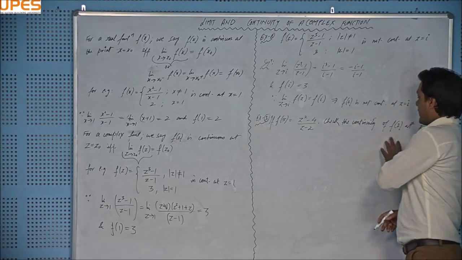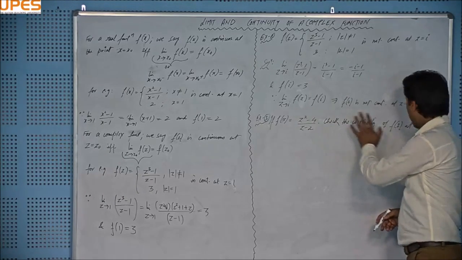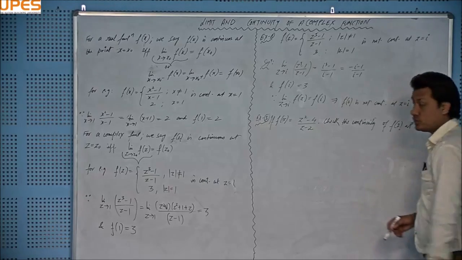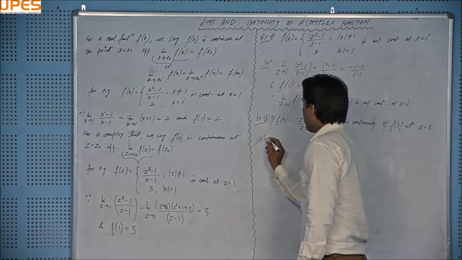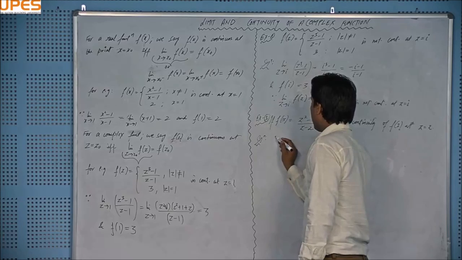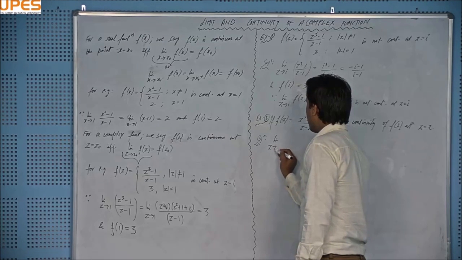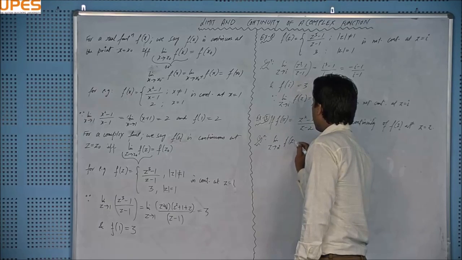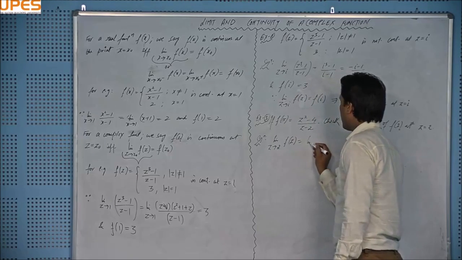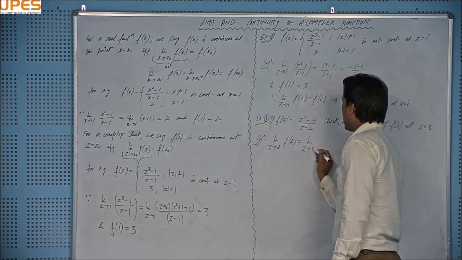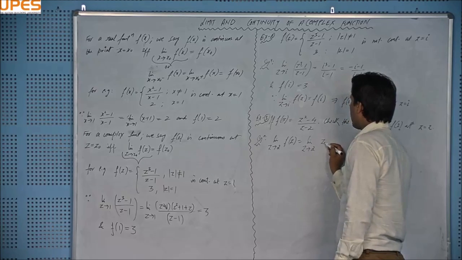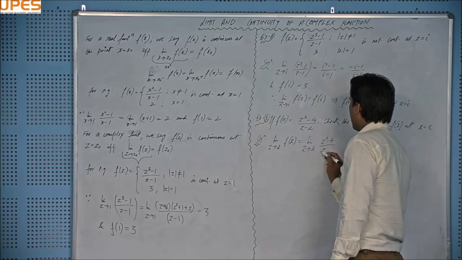Now first finding the limiting value of this function as z approaches 2. Solution: limit z tends to 2 of f(z), and in that case I have to use this value, (z square minus 4) upon (z minus 2).